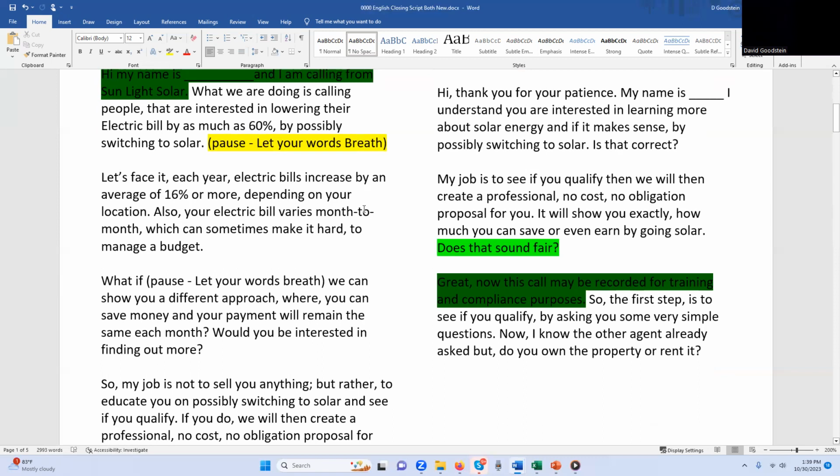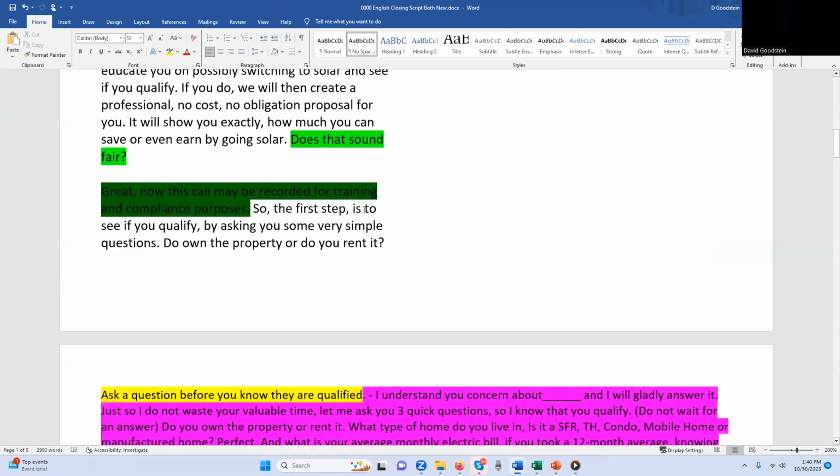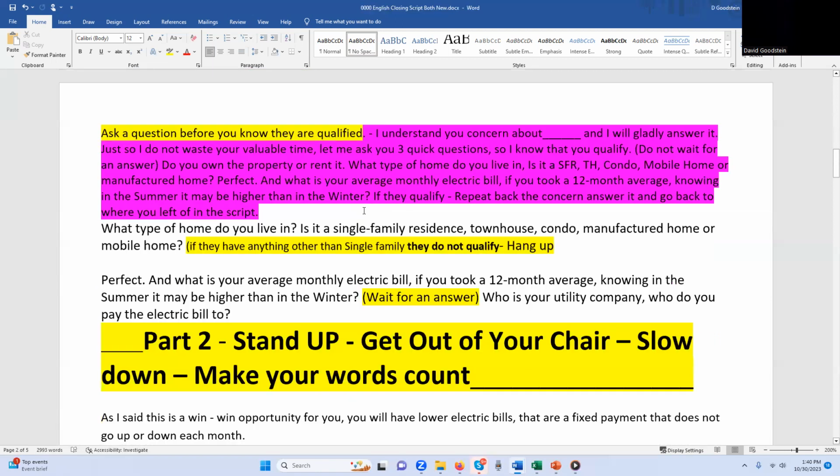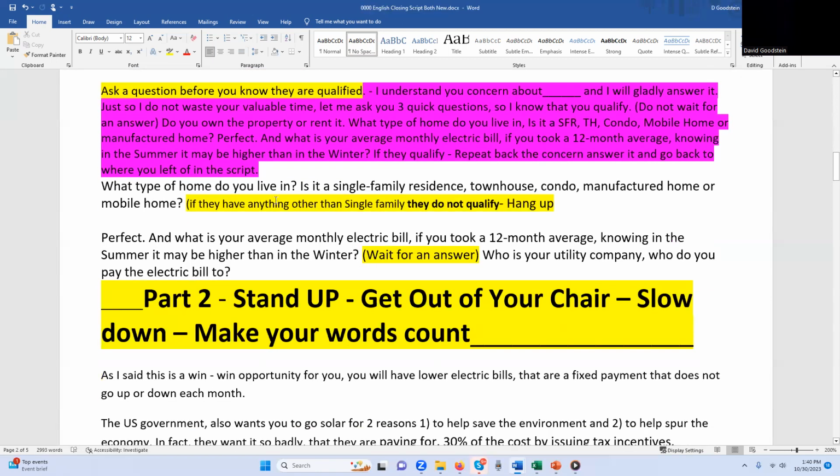Now this call may be recorded for training compliance purposes. So the first step is to see if you qualify by asking you some very simple questions. Now, I know the other agent already asked you this, but do you own the property or do you rent it? You own it. Okay, great. What type of home do you live in? Is it a single family residence, townhouse, condo, mobile, manufactured home, etc., right? Single family. Perfect.